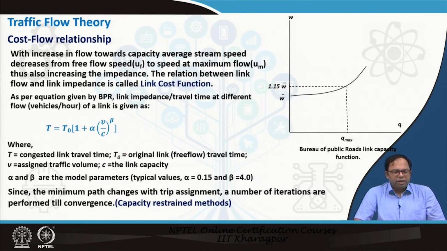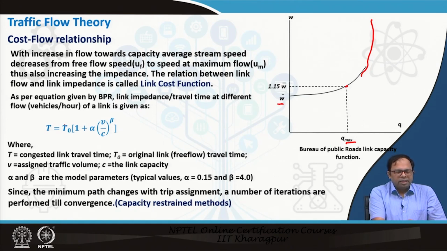Now in this equation you can see that we have Q max at this particular point, and then at one point this will become flat. That means it will not increase further. Here W is basically the time.